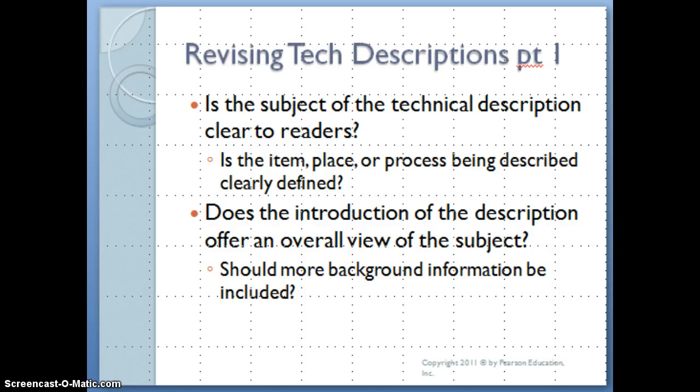In other words, this technical description should fit on the front and back of one sheet of paper. So you have to be careful about negotiating the level of specificity. You need enough detail so that you can inform the reader, but you don't want so much detail that you go over the page limit or you overwhelm the reader.